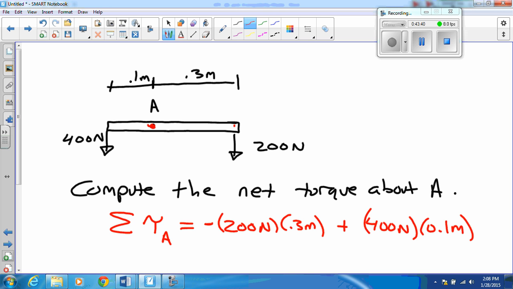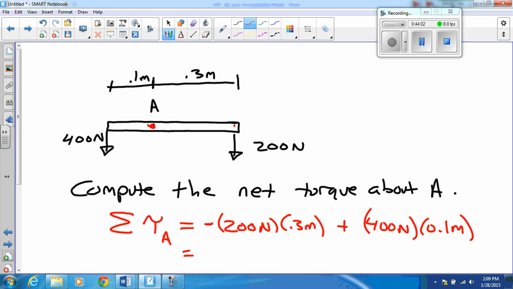Notice that the 200 Newton force and the 400 Newton force both point down, but the 200 Newton causes a clockwise rotation around A, the 400 a counterclockwise. Therefore, the torques exerted by them have opposite signs. Is that making sense to people? Okay.